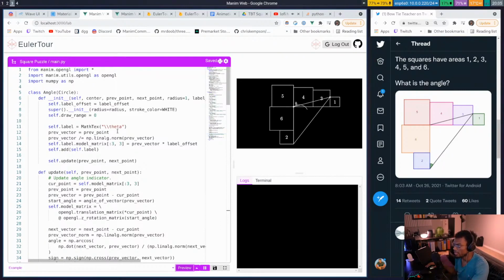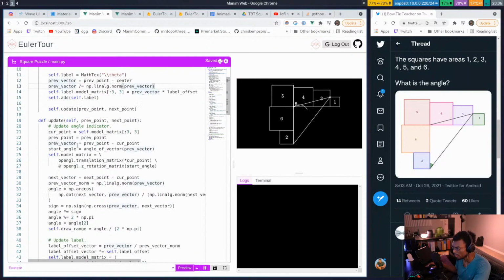In pre-vector, I want this minus the center. Then I have to do that in update. It still doesn't totally make sense why the beta would be over here, though.